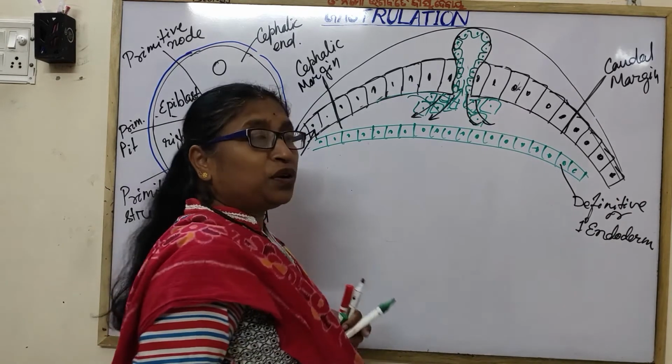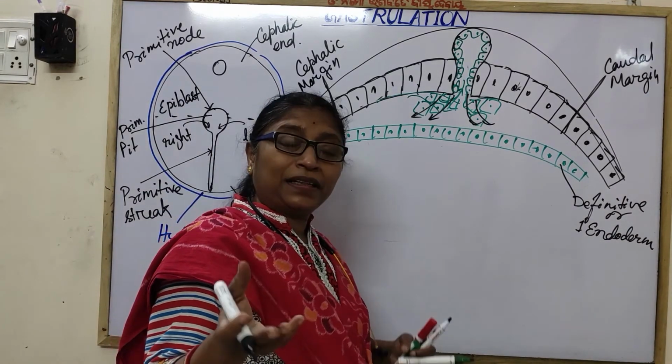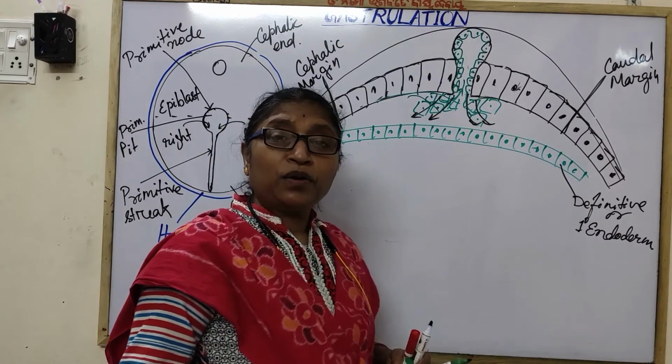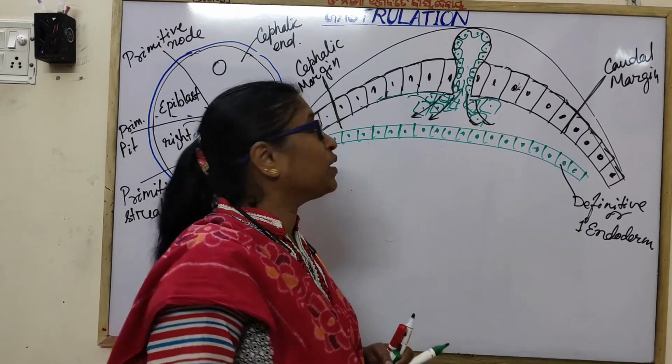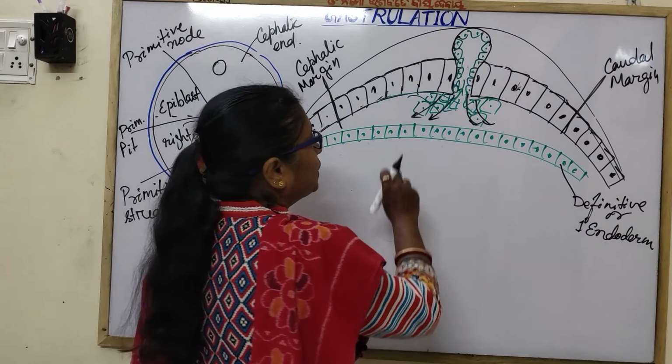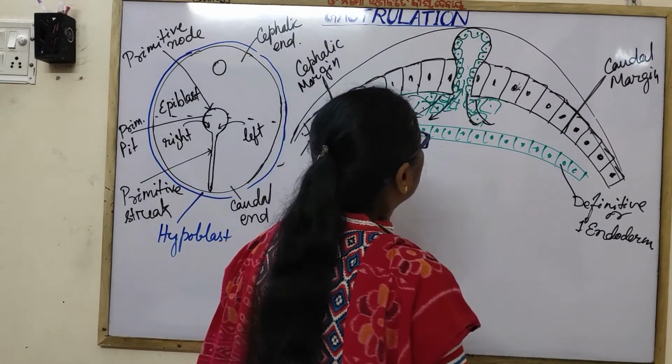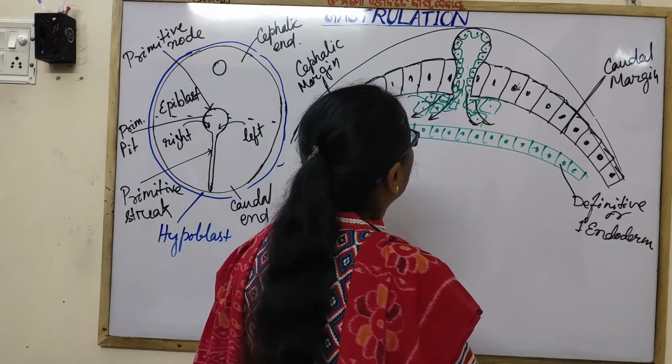The previous endoderm, which was formed by the hypoblast, is the primitive endoderm, which forms the extra-embryonic membrane only. But the embryonic tissues are derived from the definitive or primary endoderm.